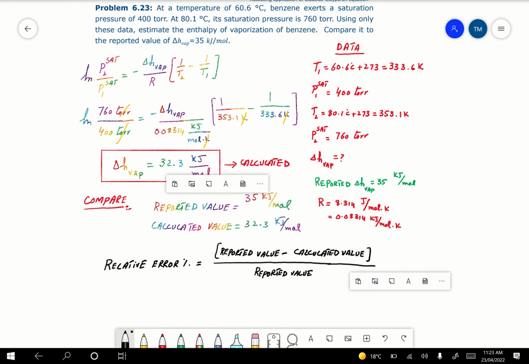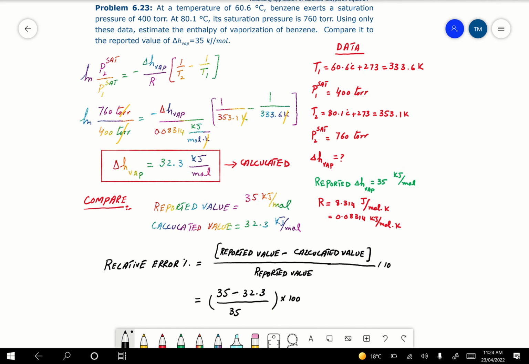So in this way we get reported value 35 minus calculated value 32.3 divided by reported value 35, multiplied by 100. For percentage, this is multiplied by 100 as well.